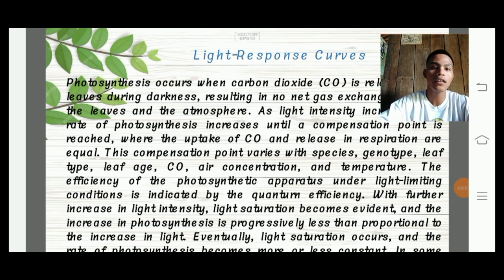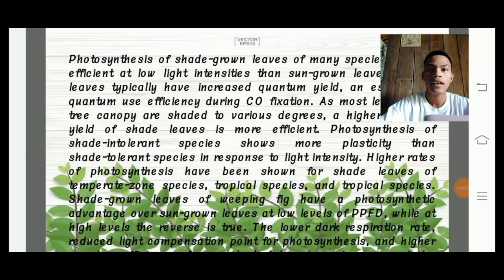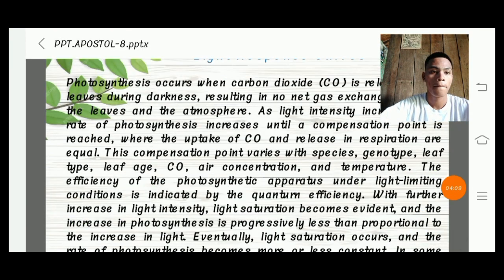Eventually, light saturation occurs, and the increase in photosynthesis is progressively less than proportional to the increase in light.